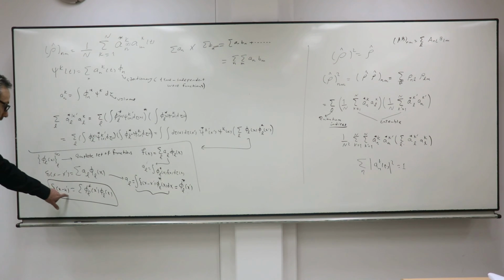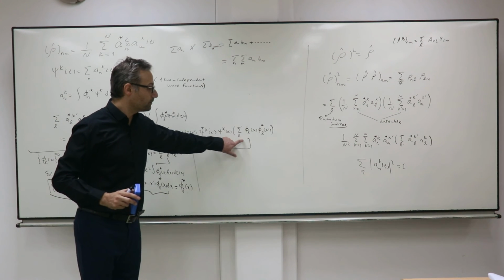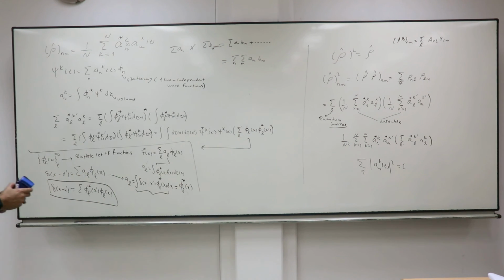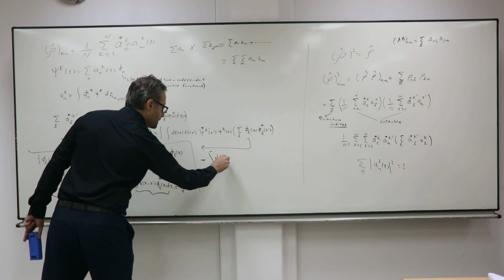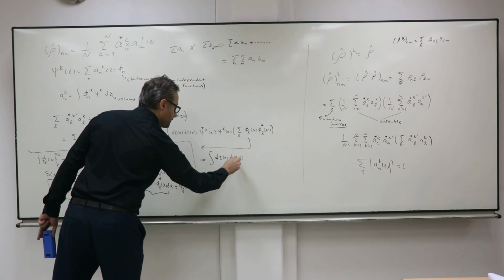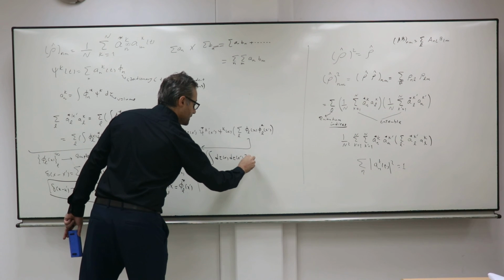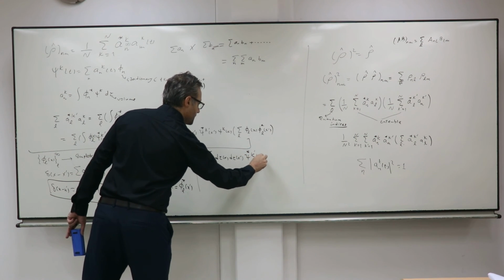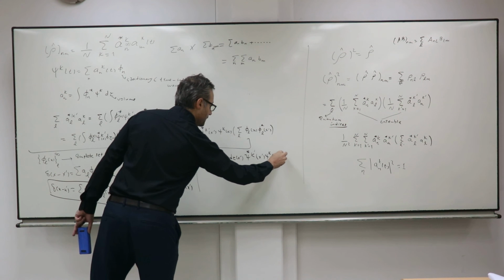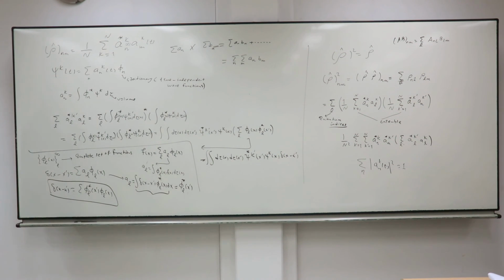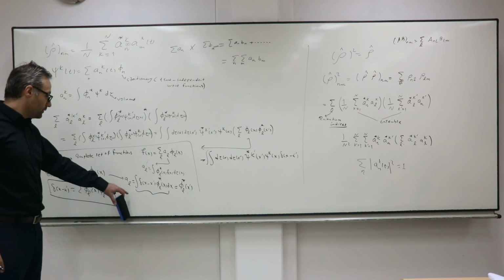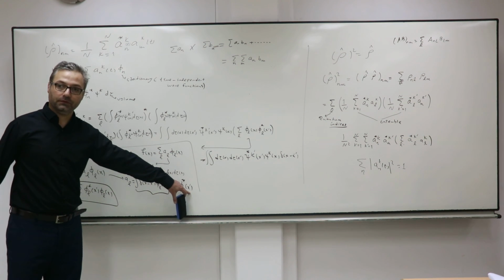So I can now replace the delta Dirac here. I continue: d tau x prime, psi_k' x prime, psi_k x, delta(x minus x prime). Delta multiplied by any function gives you the value of the function at that point.